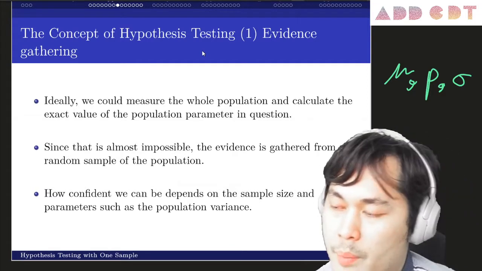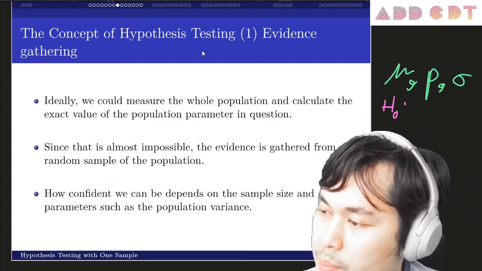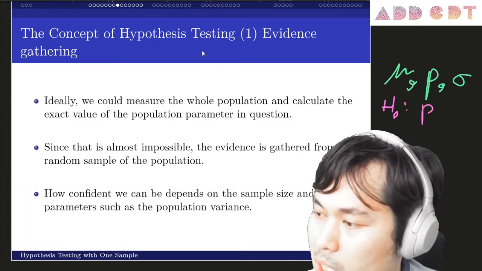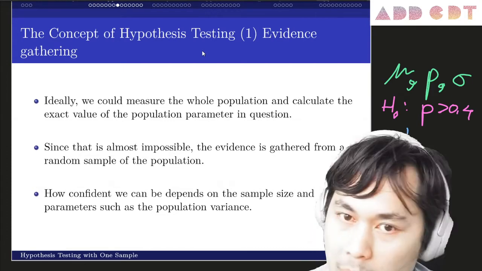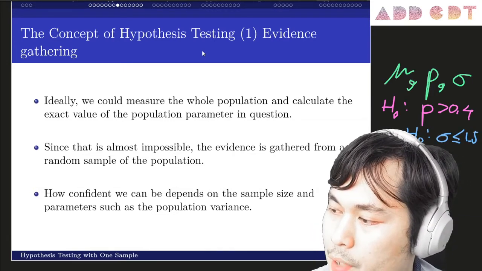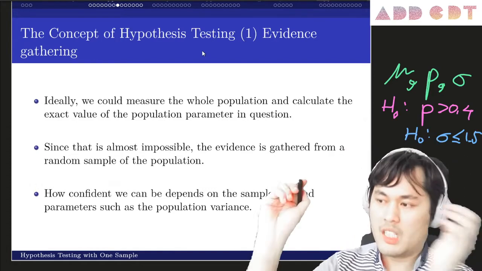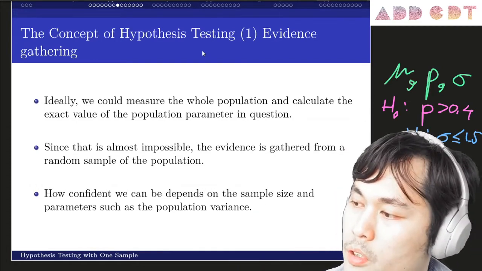It can be one of these three things. Maybe I believe that P is greater than 0.4. Maybe I believe that sigma is less than or equals to 1.5. So it's one of these three parameters, mu, P, or sigma.